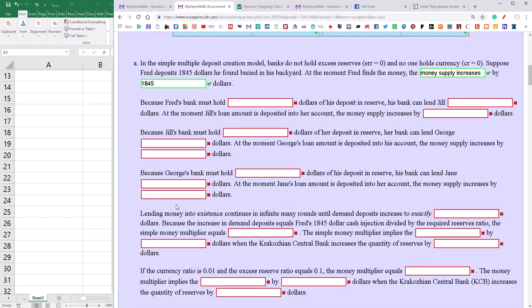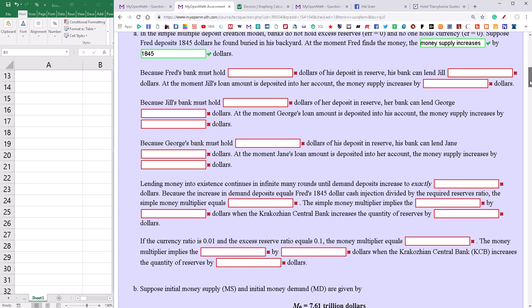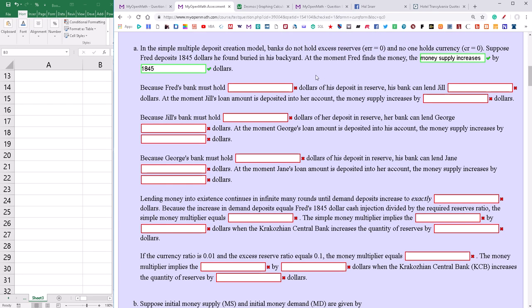Okay, now, remember, Fred's bank must hold a portion of this deposit on reserve. So 1845, I'm going to multiply the 1845 times 10%.